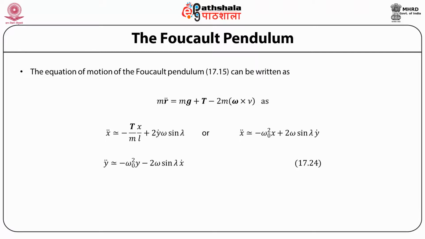The corresponding equation in the y coordinate is y double dot is equal to minus omega naught square y minus 2 omega sine lambda x dot, where omega naught is the square root of T by m l.